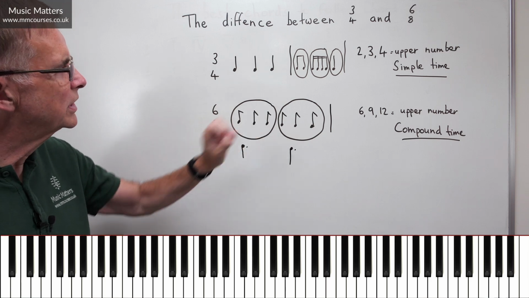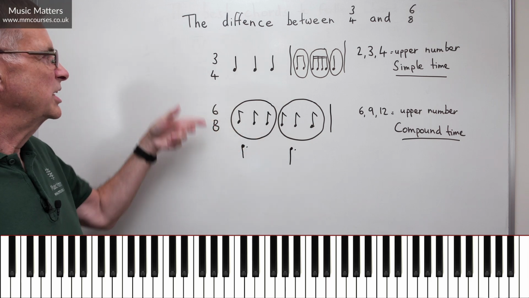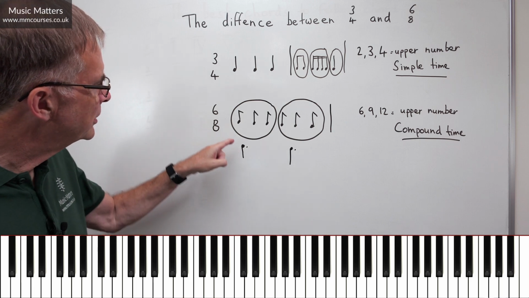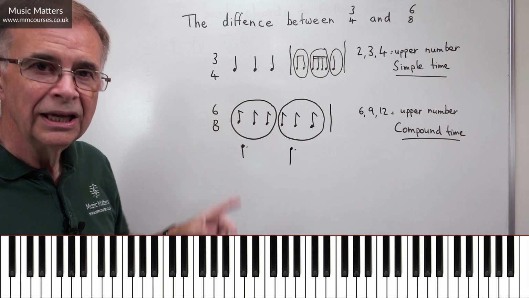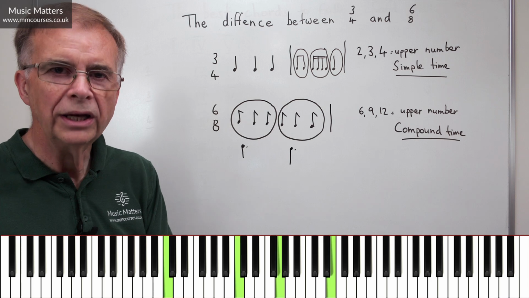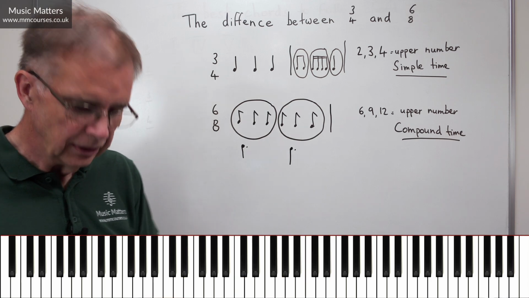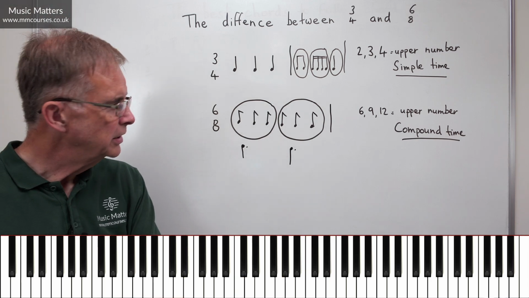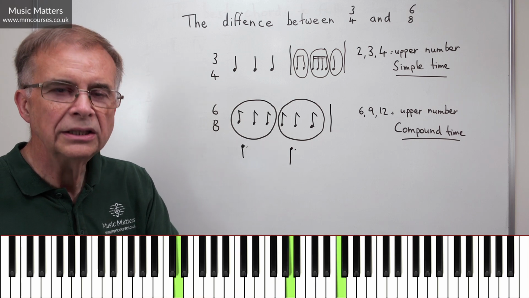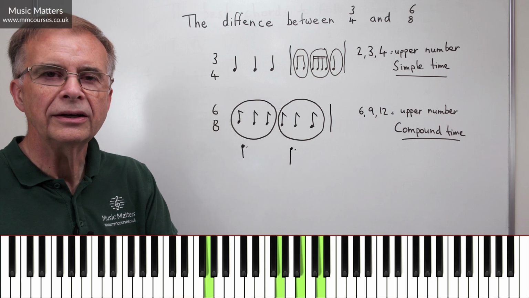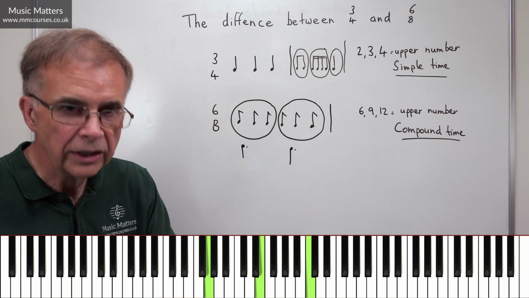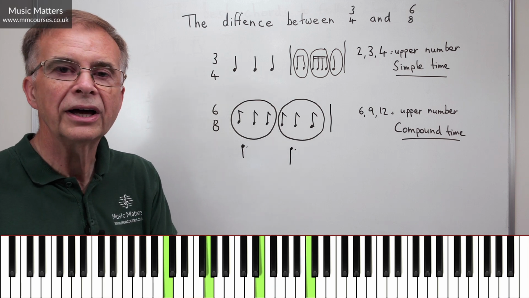But it's not going to work in 6/8 to think, well, it's just the same as 3/4, even though mathematically it's the same, because of this compound arrangement of grouping things in 3. So in 3/4 I was going 1, 2, 3, but in 6/8 I'm going to go 1, 2, 3, 4, 5, 6, 1, 2, 3, 4, 5, 6, 1, 2, 3, 4, 5, 6, 1, 2, 3, 4, 5, 6.